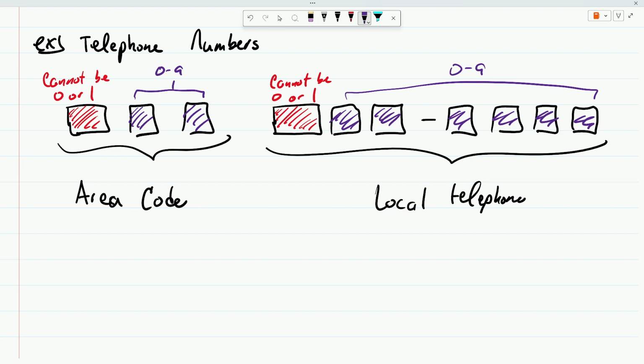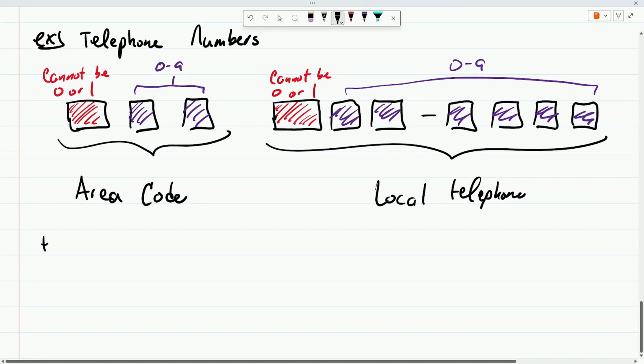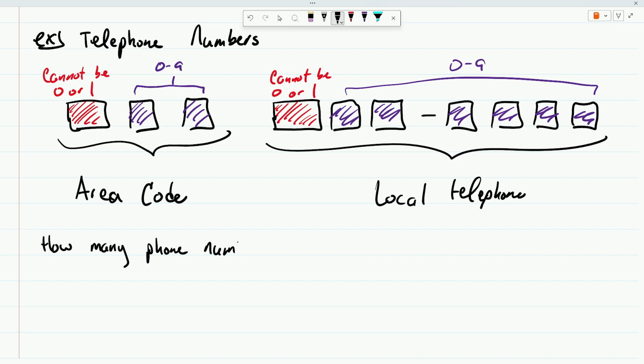So when we go ahead and calculate how many phone numbers there are with the restrictions in place, all you have to do is think about the fundamental counting principle.